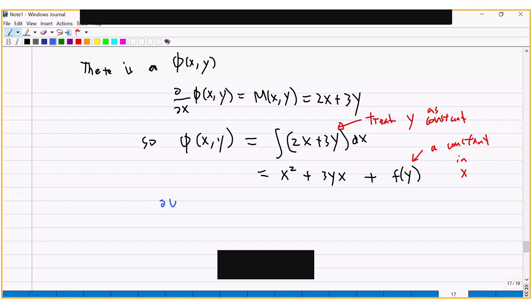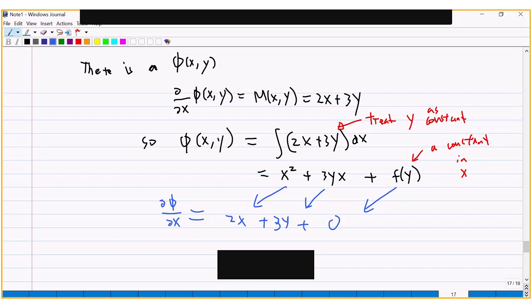Differentiate with respect to x: this one you get 2x, this one you get 3y, then this one you get 0. 2x plus 3y, right? So this function is x squared plus 3xy plus a function of y.